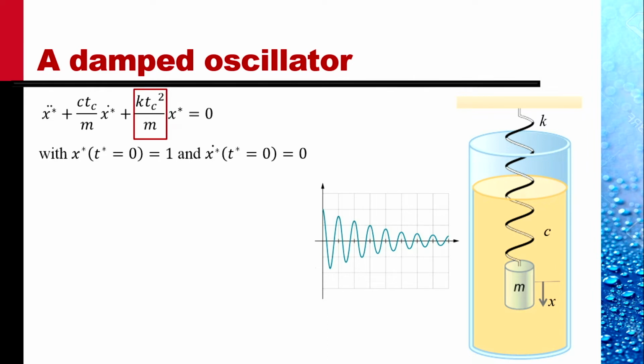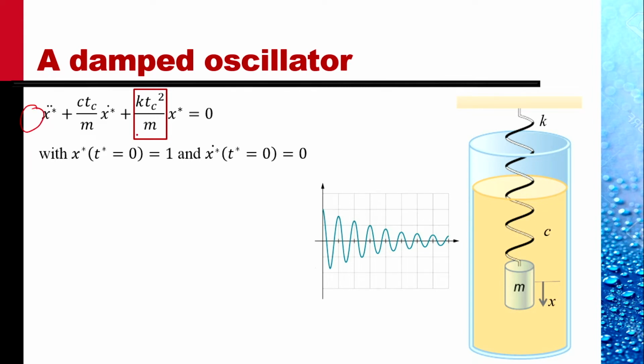Recall that we have not chosen tc yet. We said only that tc is the characteristic time. But what is its value? Now, if this mass is to oscillate, then the spring force must be present. The coefficient of the inertia term is 1.